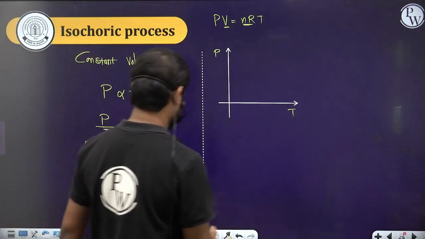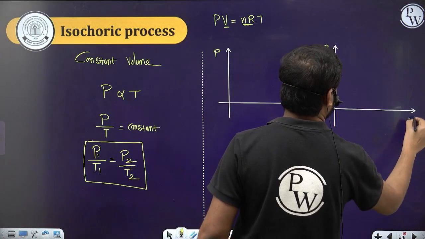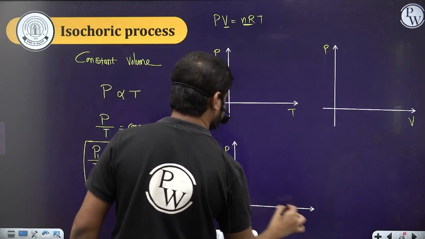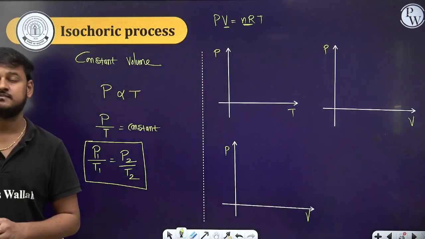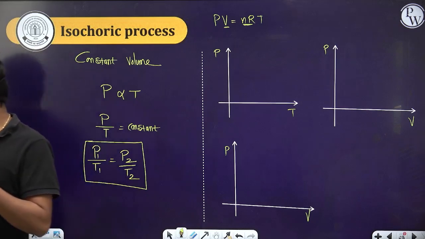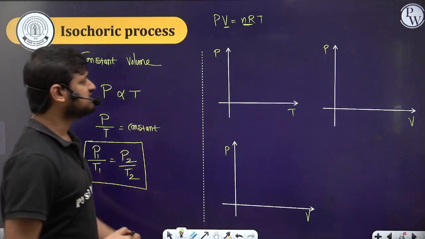Then P versus V. Then V versus T. So you guys draw these graphs first. I'll just stand aside.